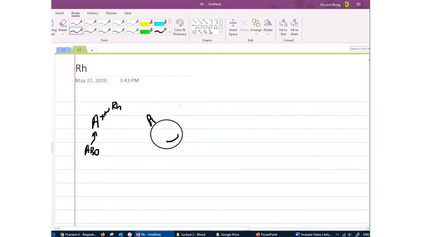If they are positive, they will have Rh on their surface. So for someone like this, what kind of antibodies are they going to have? Remember, your body will make antibodies against things that you do not have. Since this person does not have the B antigen, they are going to make anti-B antibodies.